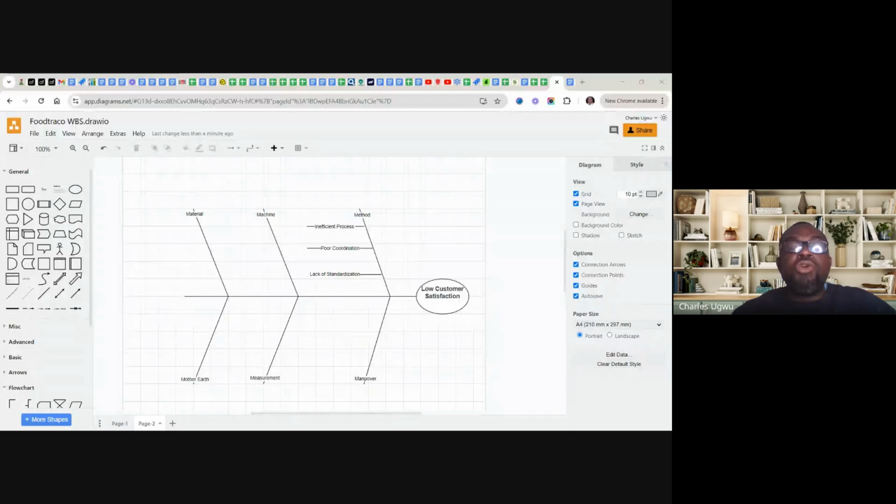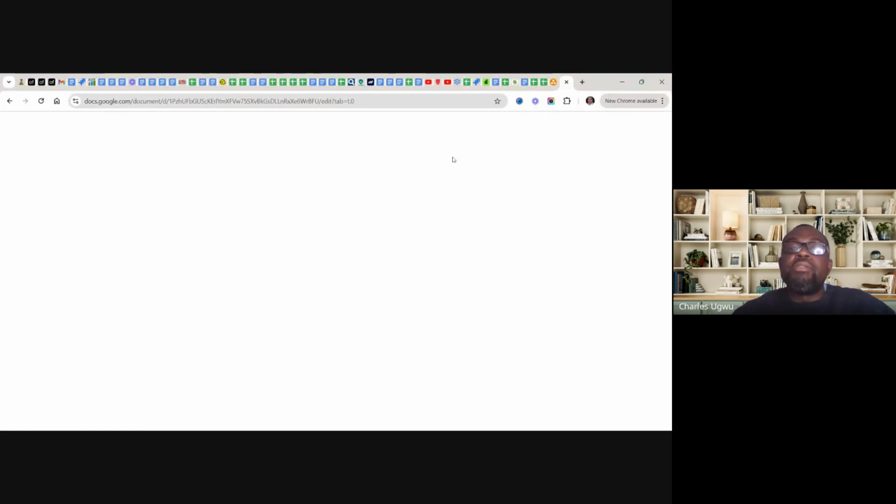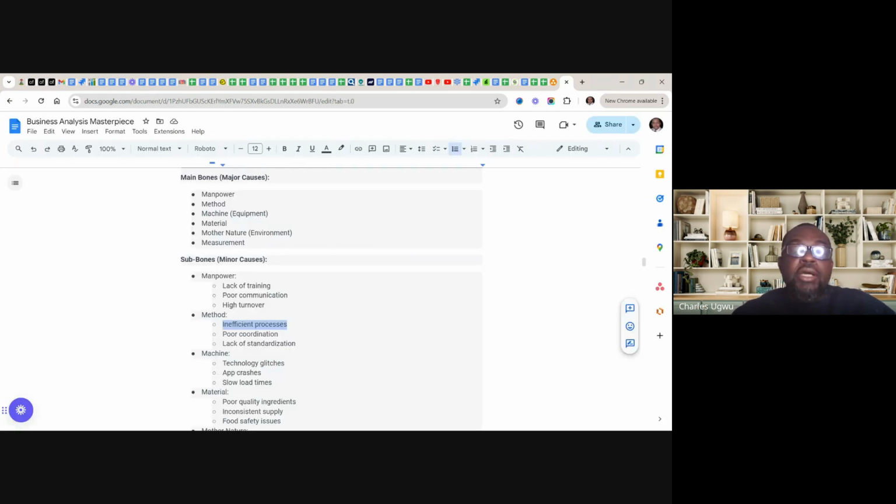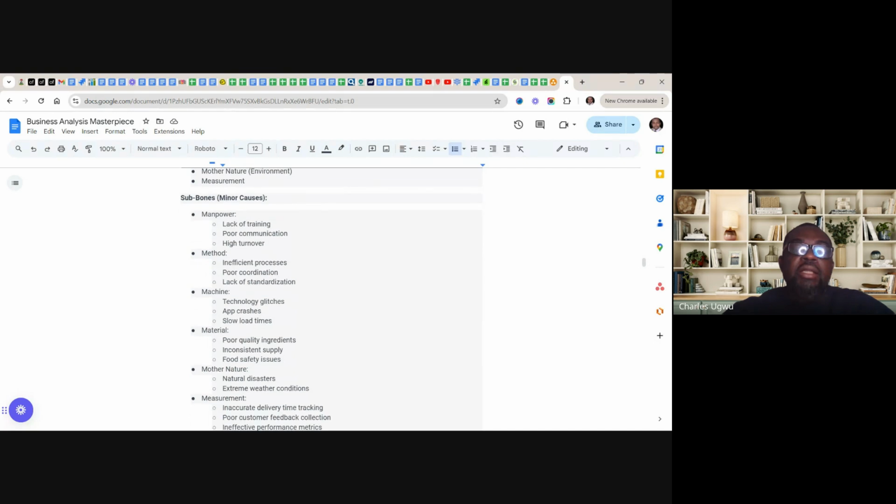This could be. So by the time we do brainstorming, just like here we see, during our brainstorming, this is captured. The system is just loading slowly. So, you see, under manpower: lack of training, poor communication, high turnover. That is man. Then under method, under machine, this could be potential.